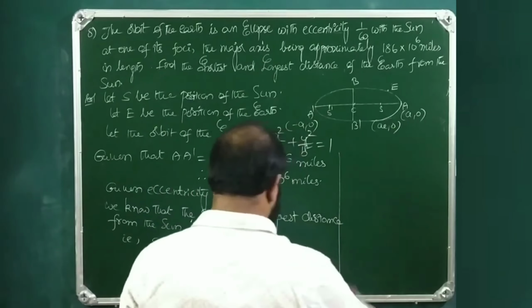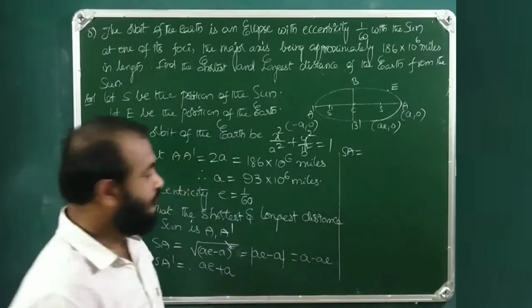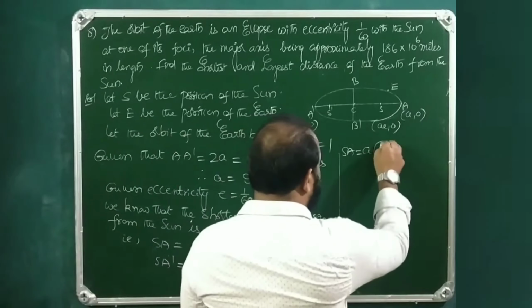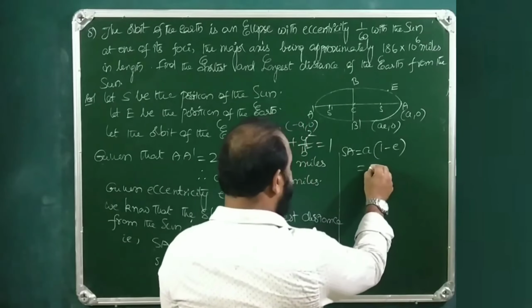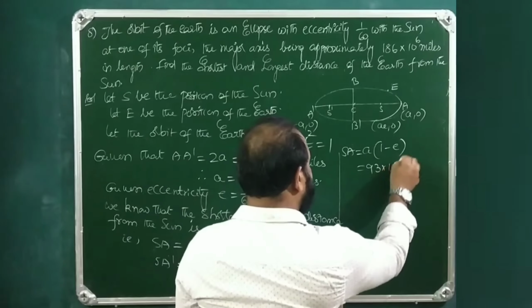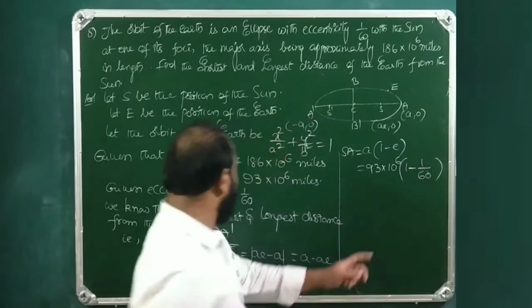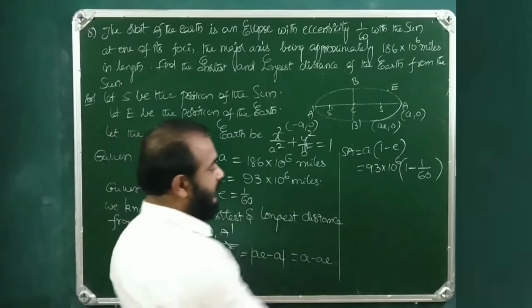Now, SA is equal to, if you take A in common, then we'll get A into 1 minus E. So A is 93 into 10 power 6 into 1 minus 1 by 60, as the E value is 1 by 60.